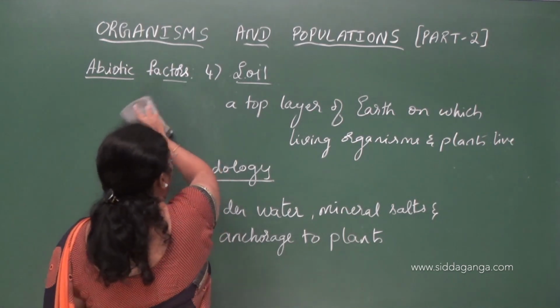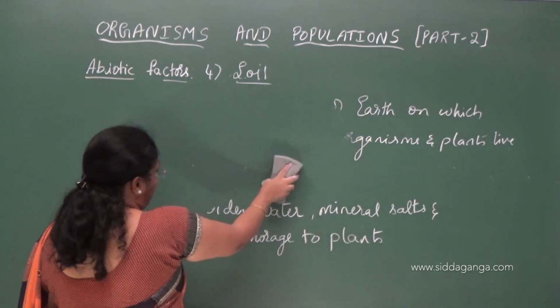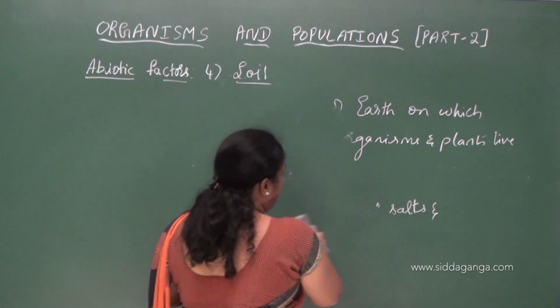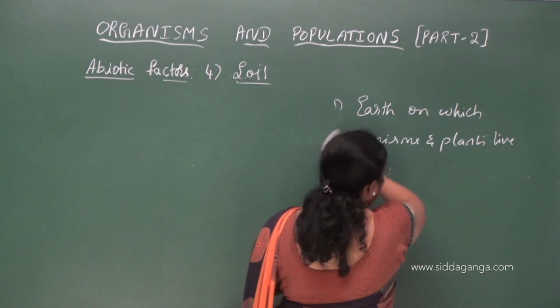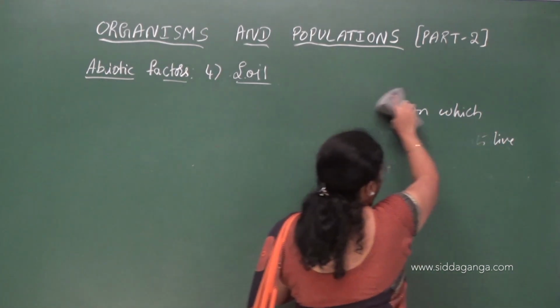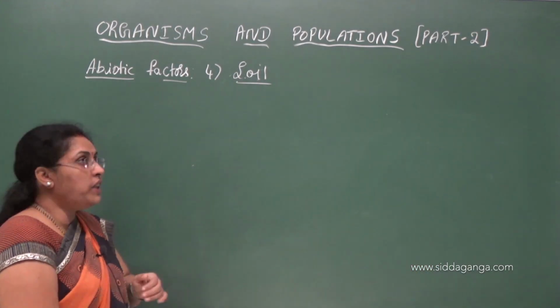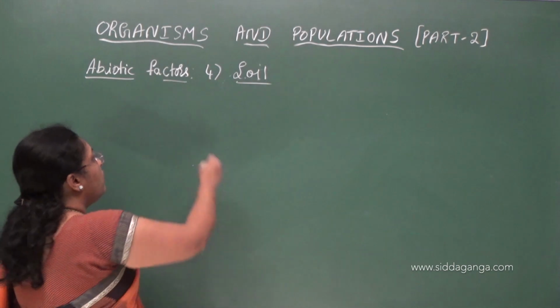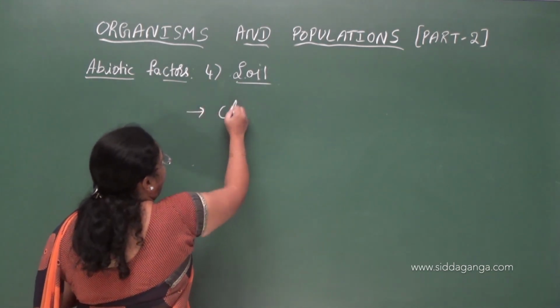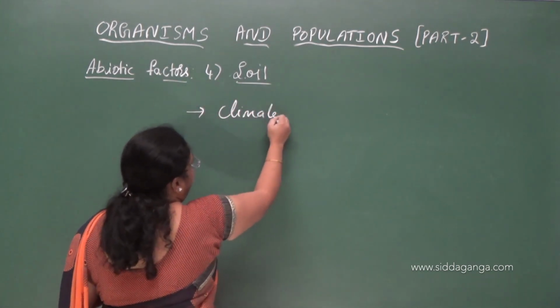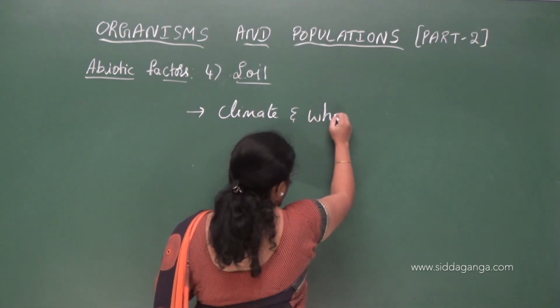And the characteristics of soil which favor the vegetation mainly depend upon the climate and weathering processes.